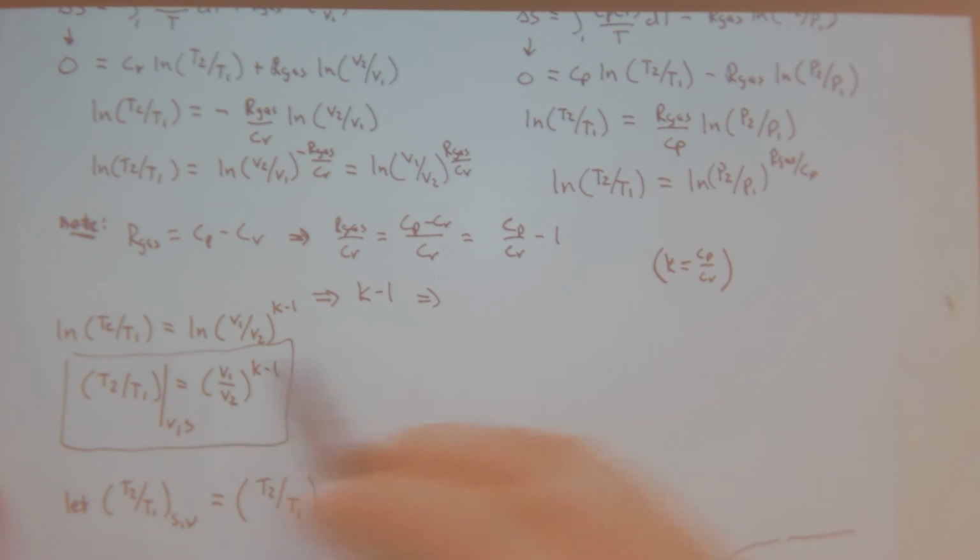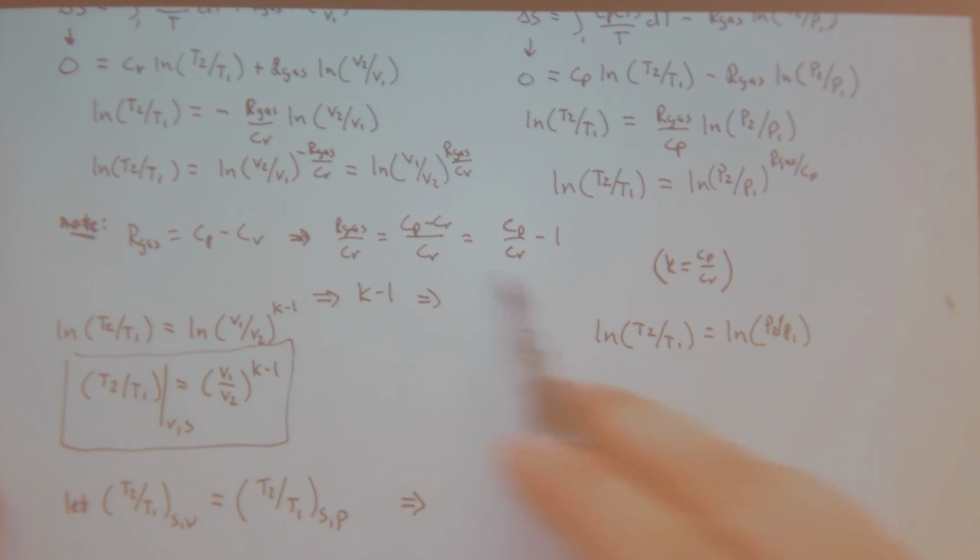So I have this. I can do the same thing over here, but now I had R gas over Cp. So in this case, it's natural log T2 over T1 equals the natural log of P2 over P1.